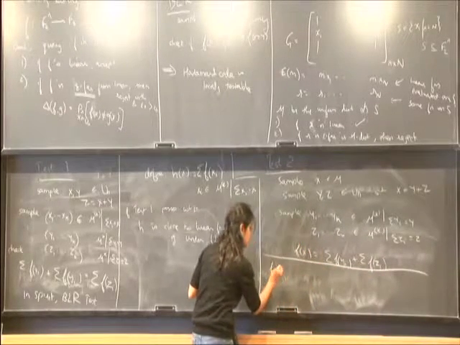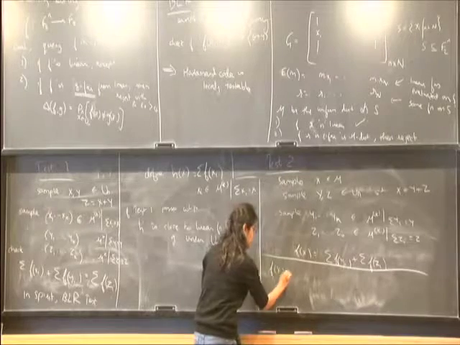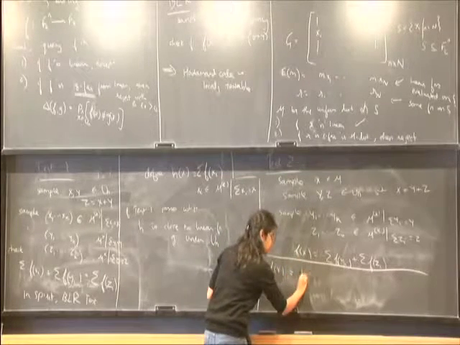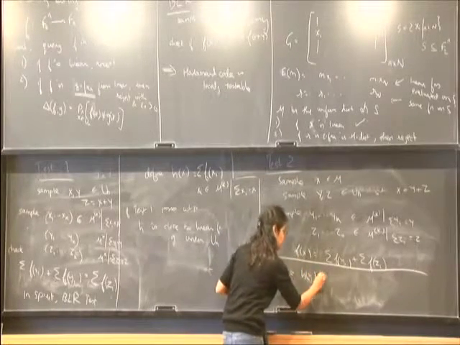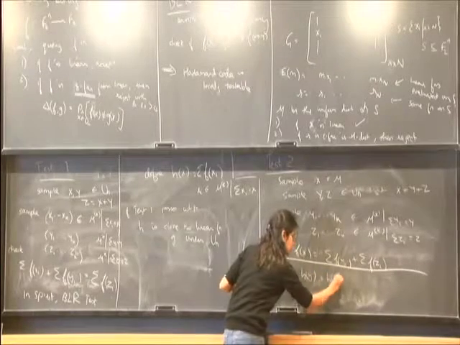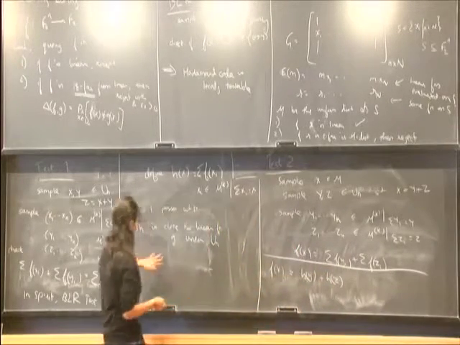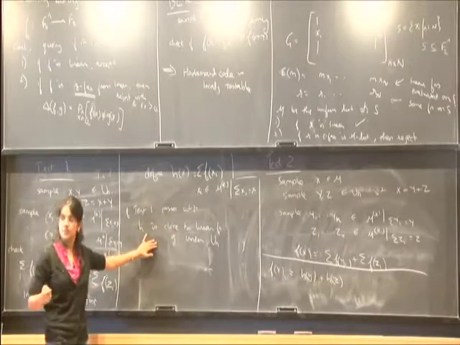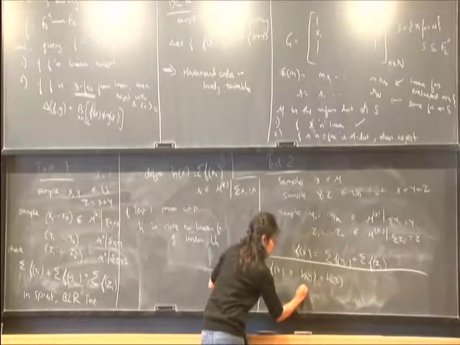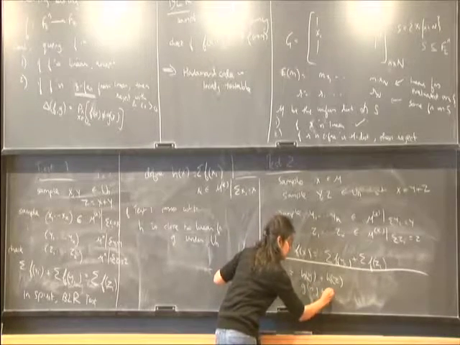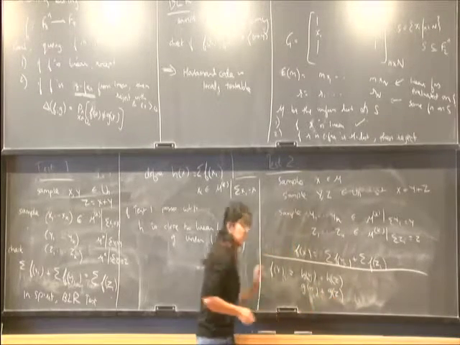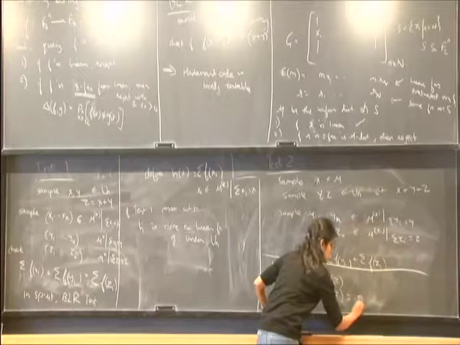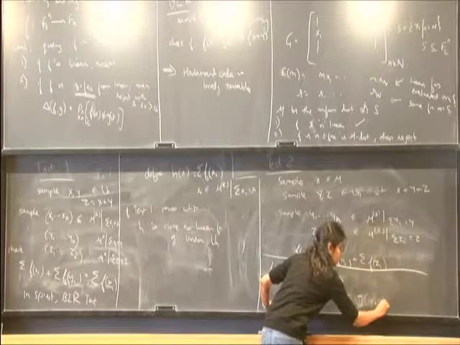Then I know that f of x is almost always h of y plus h of z. But if test 1 had already passed with high probability, then h is basically the linear function g, so this is g of y plus g of z. But g is linear, so this is g of y plus z, which is g of x.